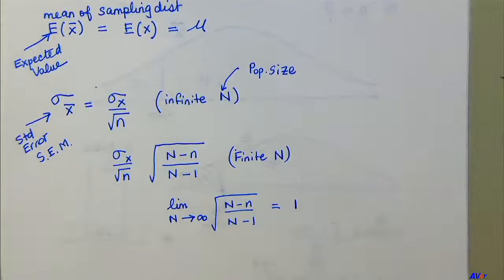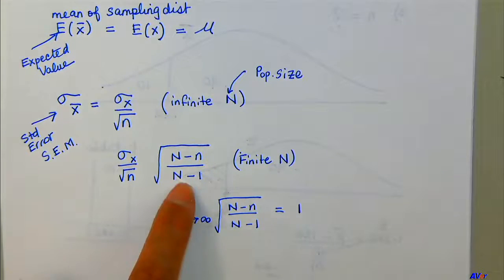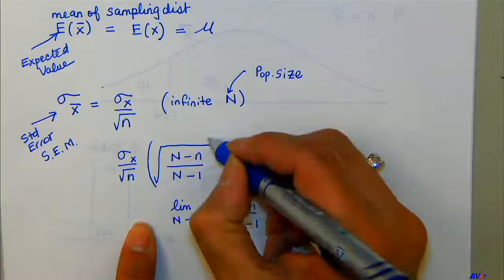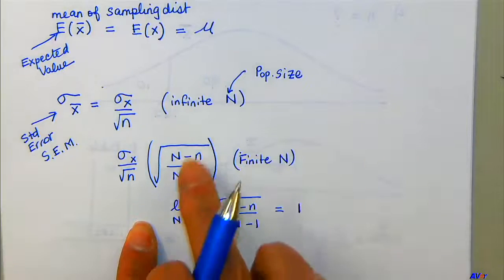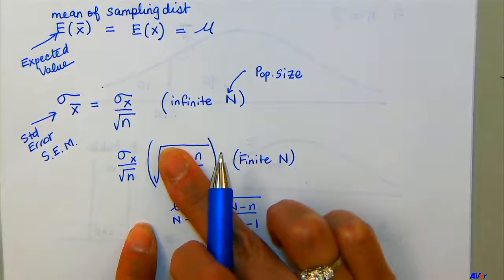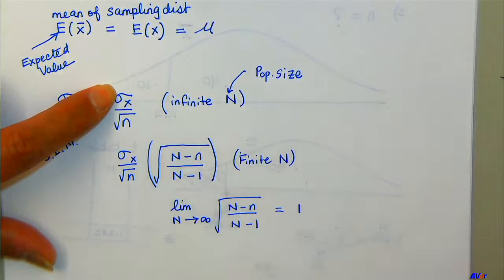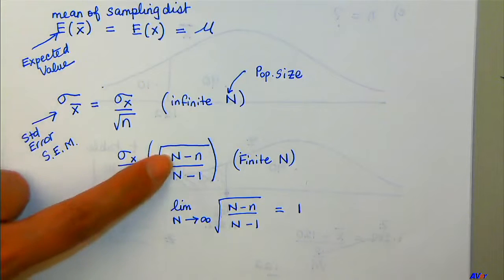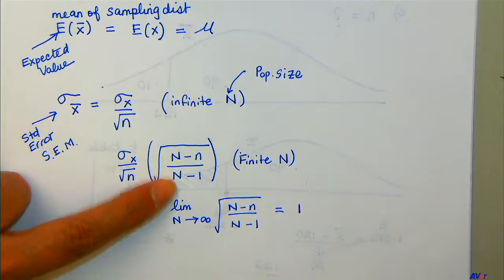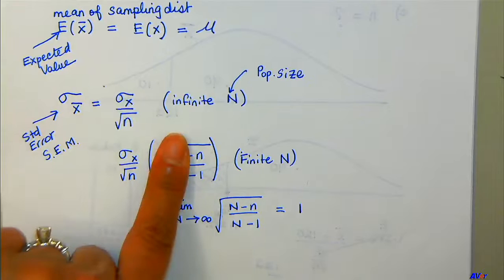So if you take the limit of this term right here, it will drop out and become 1. And that's how you get this formula for infinite N.